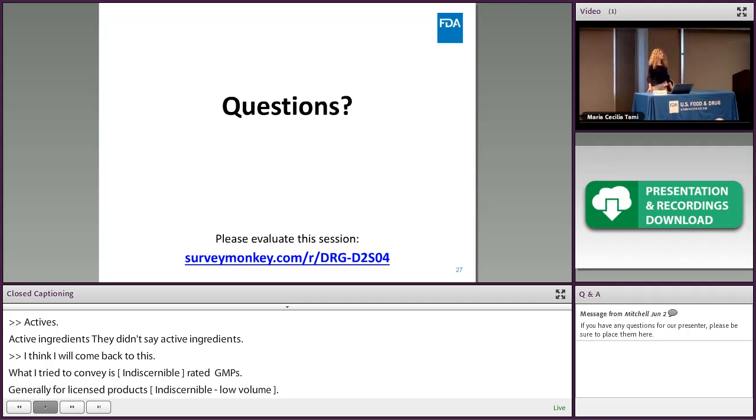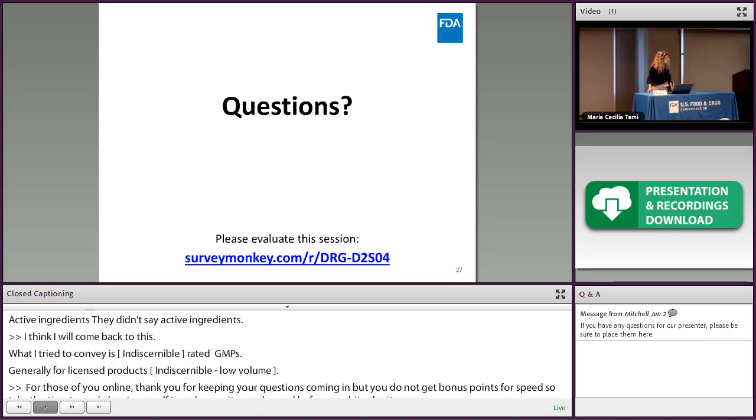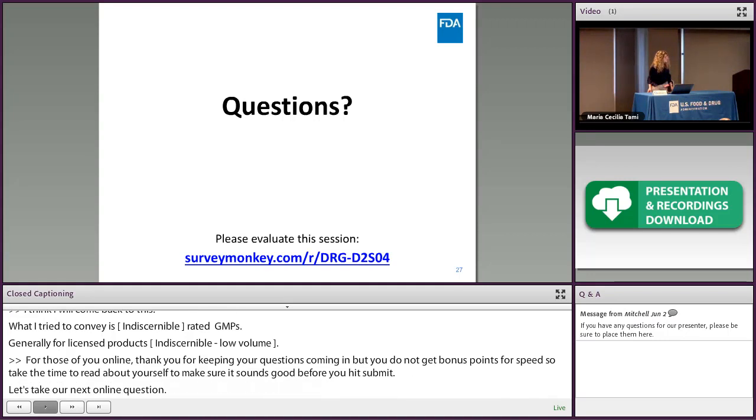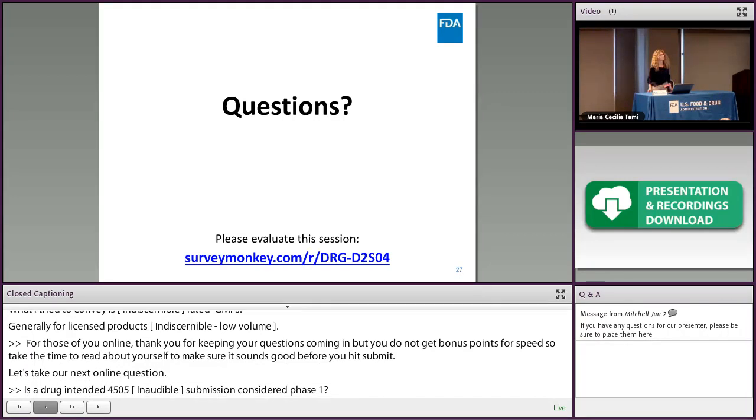Is a drug intended for 505(b)(2) submission considered phase 1? In other words, if a sponsor is doing a bioavailability bioequivalent study with its test drug versus an approved RLD, does the test drug need to follow full CGMPs?